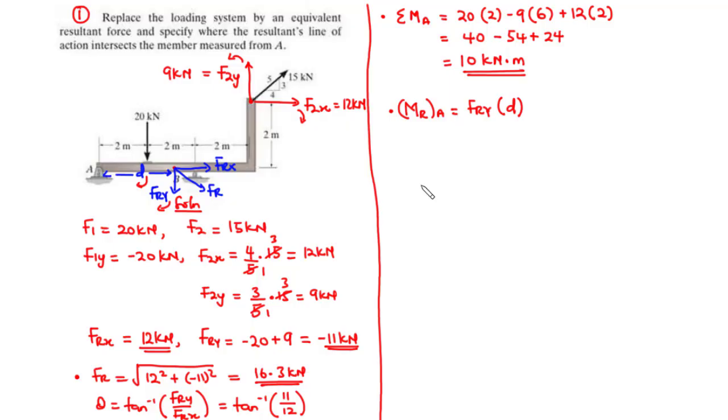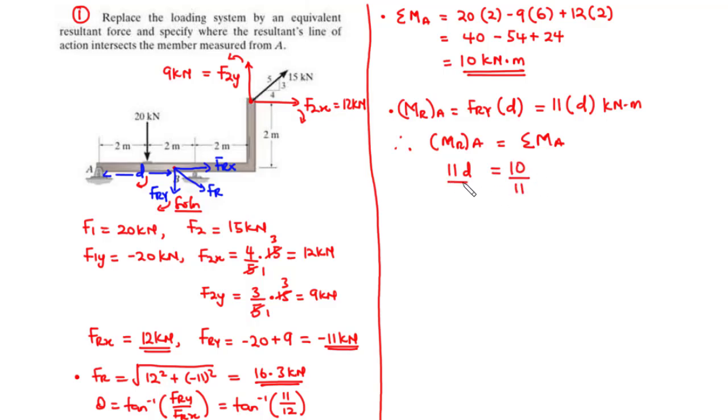Now Fry is equal to 11 kilonewtons. We are going to consider this as a positive value. Okay, so since we are moving in the clockwise direction, it still remains positive. So we are going to have 11 times D. Next, we are going to equate summation of MA to MR of A. So that is 11D equals 10.